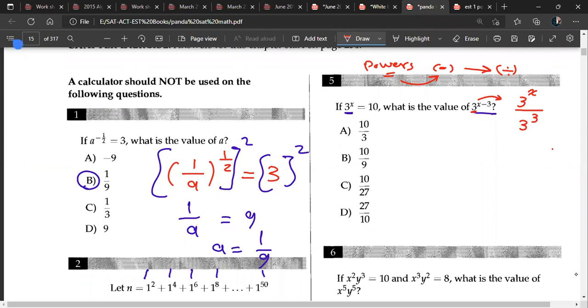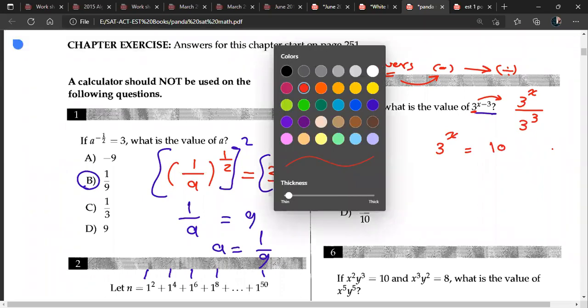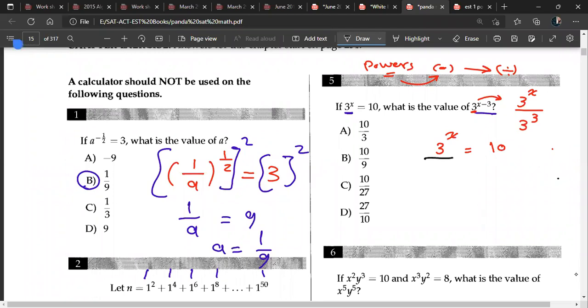Okay, so what we're going to do here to find the answer is divide both sides by 3 cubed, or 3 power 3. So here we have 3 power x equals 10. You divide both sides by 3 cubed.